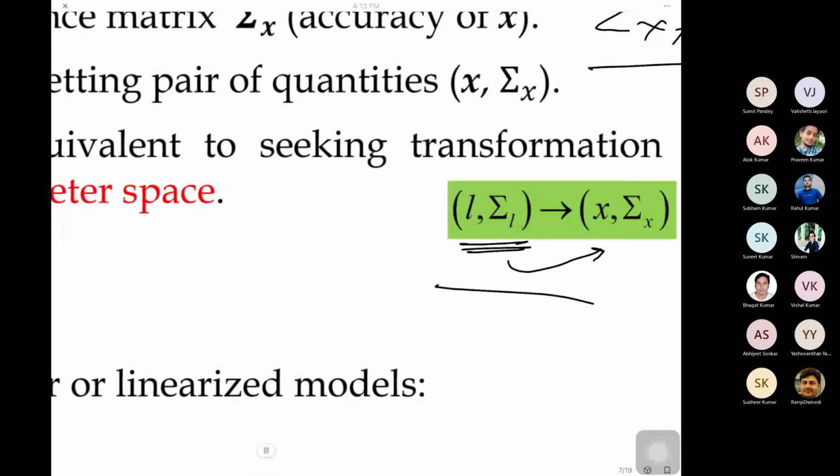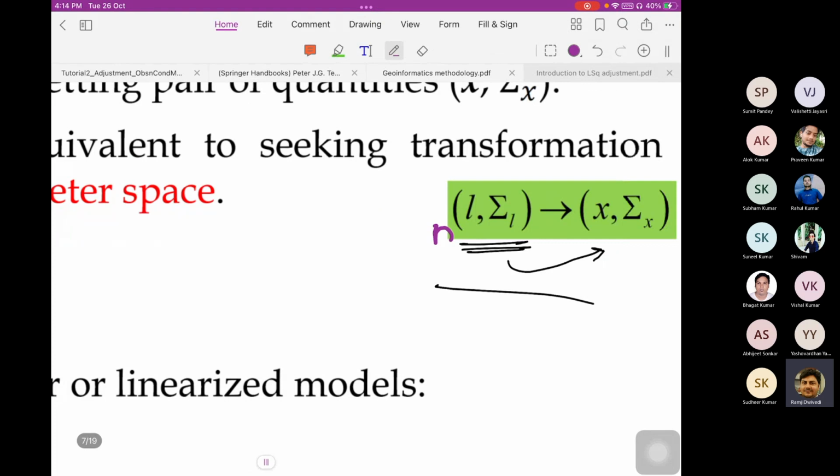Then the corresponding variance covariance matrix would always be n cross n. So your sigma L would always be n cross n if your vector is n cross 1, because it is a square matrix.